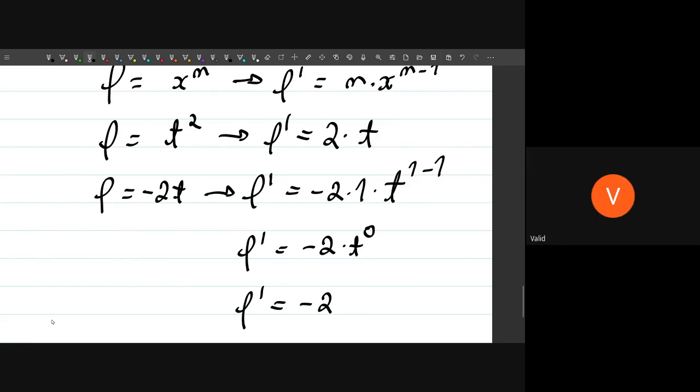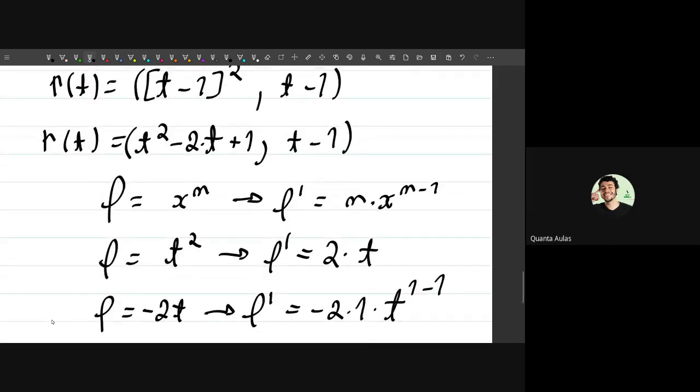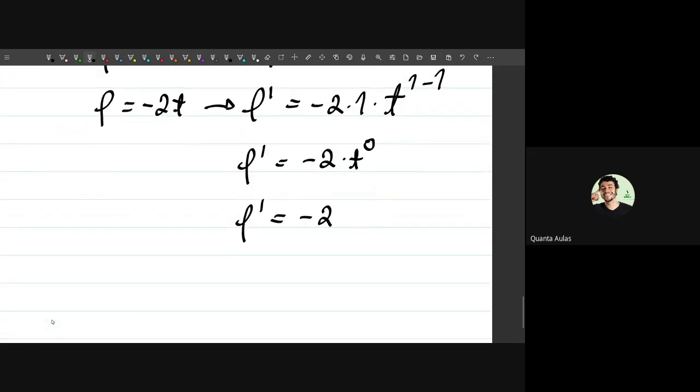Very easy. And here we have plus 1. This is a function too. You can do all the things at the same time, but the way I teach you, I do this step by step. So what is the derivative of a number? Any number is always 0.